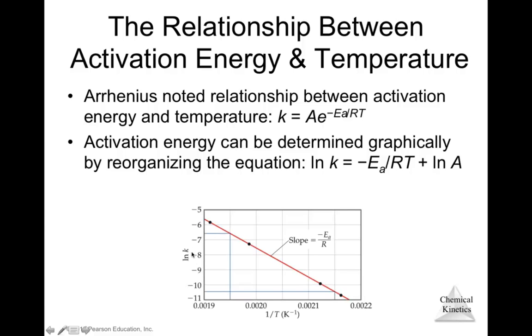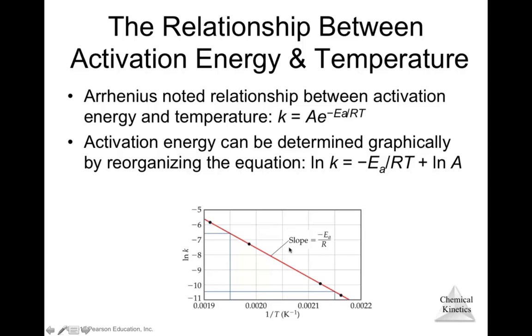So if we plot this equation, the natural logarithm of k is y, 1 over T is x, and the natural logarithm of A is the intercept. So the slope is minus Ea over R. So from the slope of this graph, we can obtain the activation energy.